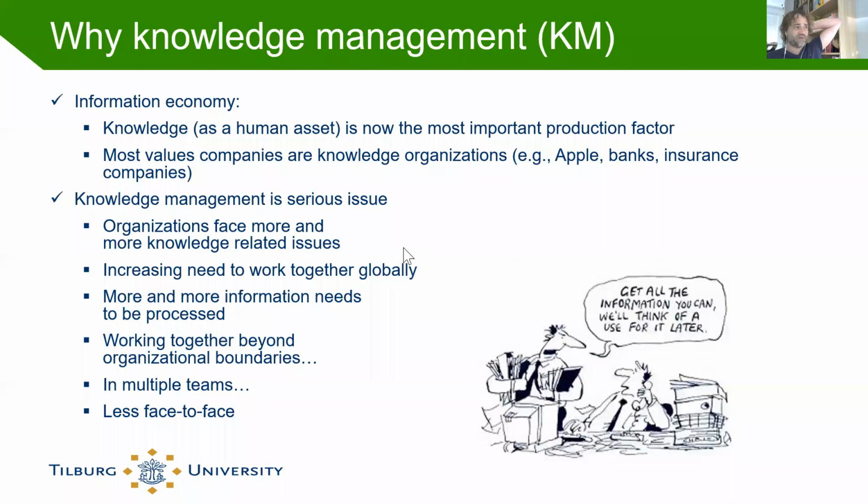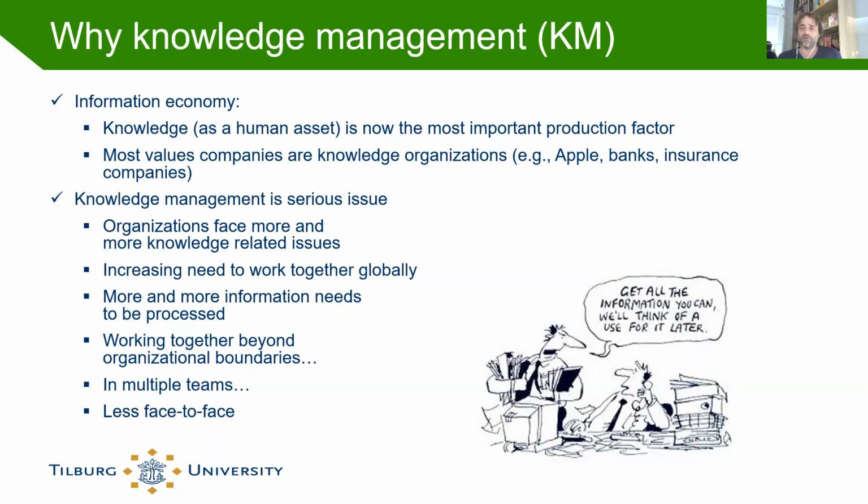So before the break, let me shortly explain what knowledge management is and why it's important. Well, we already discussed, I think, in the first lecture, that if you look at the type of job we do and the type of job you will end up doing, you all basically handle information and knowledge.